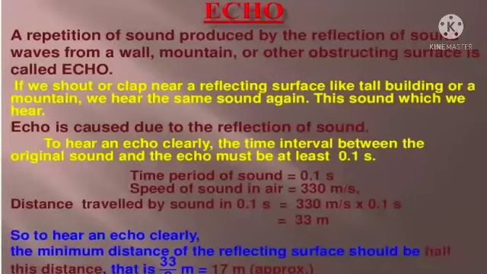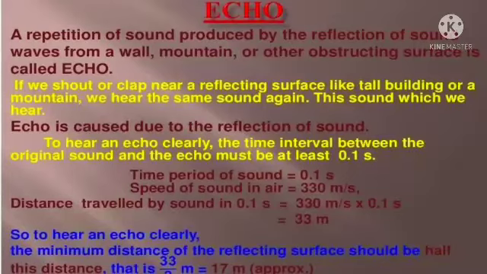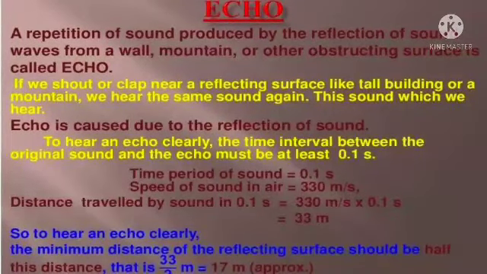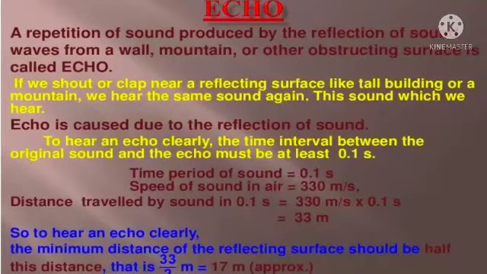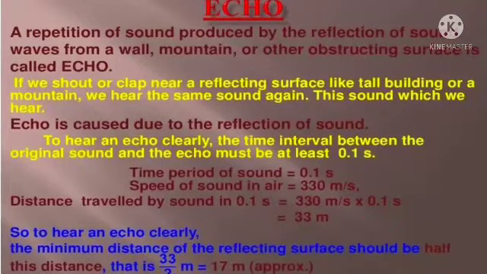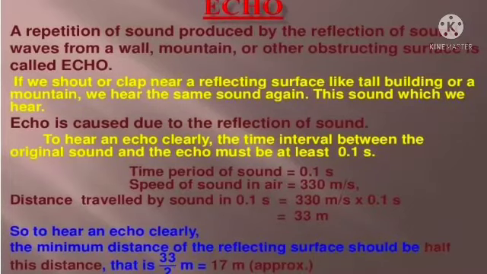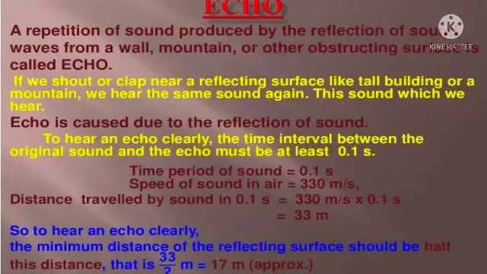Echo is caused due to the reflection of sound. To hear an echo clearly, the time between the original sound and the echo must be at least 0.1 second. Speed of sound in air is equal to 330 meter per second.